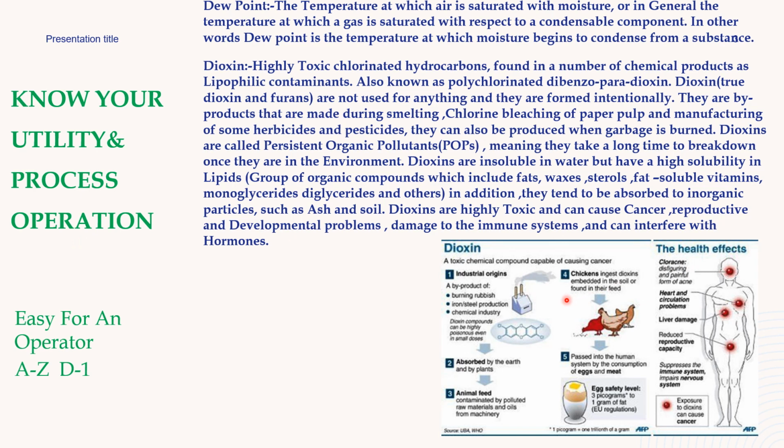This is a schematic diagram. Dioxin, a toxic chemical compound capable of causing cancer. These are the industrial origins. It's a byproduct of burning rubbish, iron and steel production, chemical industry.